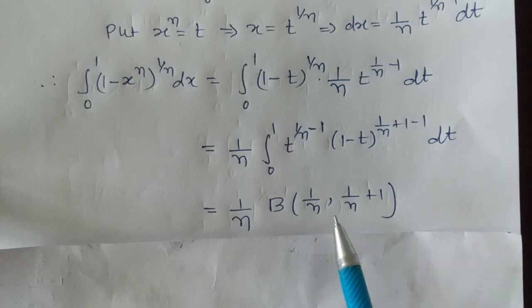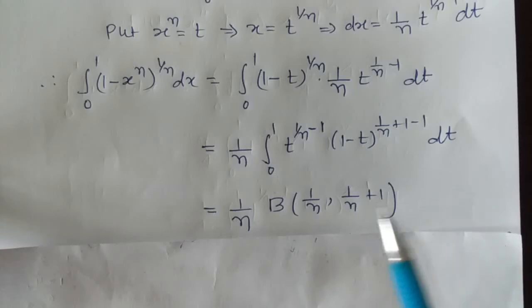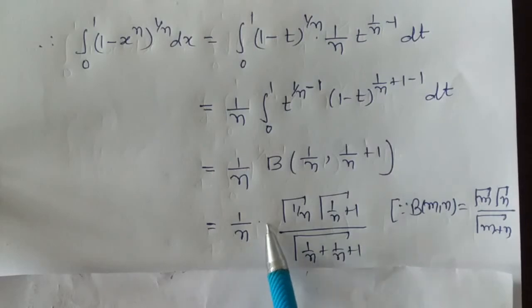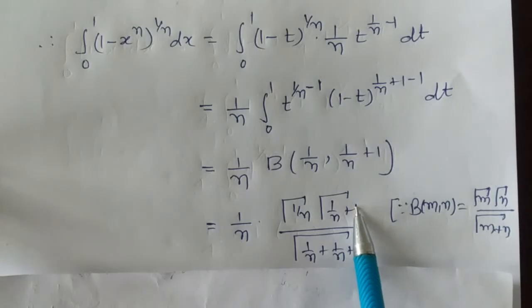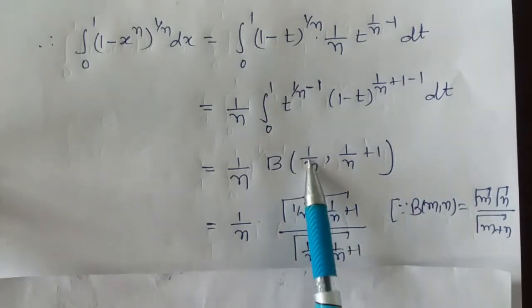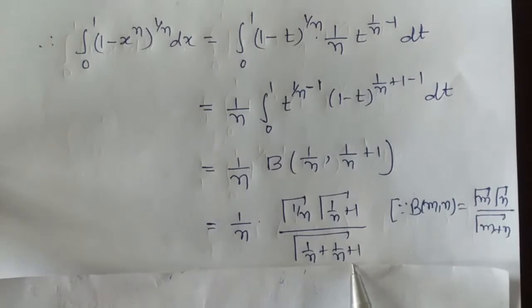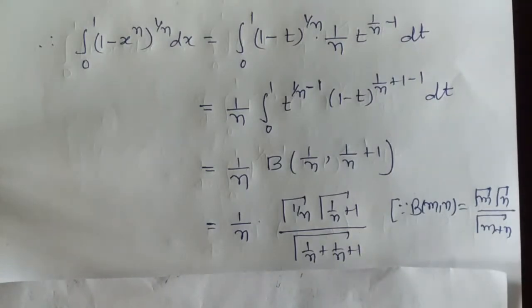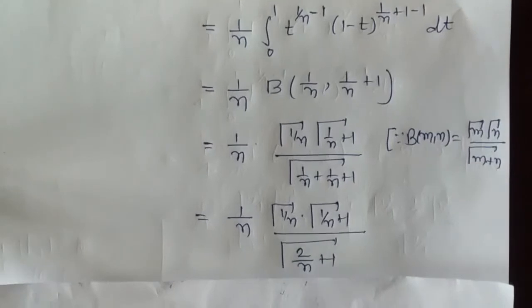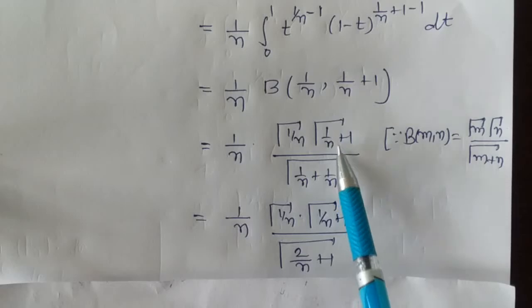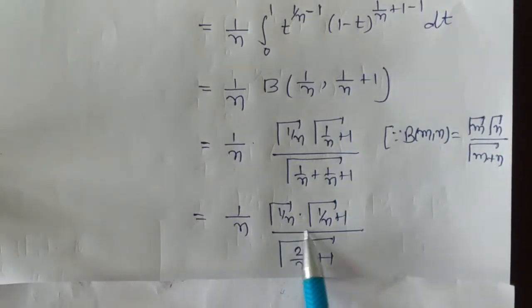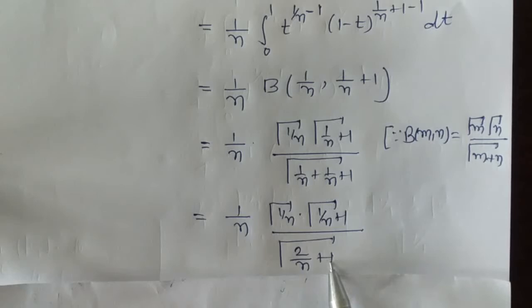Now using the relation between beta and gamma functions, that beta(m, n) equals gamma(m) gamma(n) upon gamma(m plus n), we write 1/n as it is, gamma(1/n) into gamma(1/n plus 1) upon gamma(1/n plus 1/n plus 1). Further, we write 1/n, gamma(1/n) as it is, this is gamma(1/n plus 1), and in the denominator we have gamma(2/n plus 1).